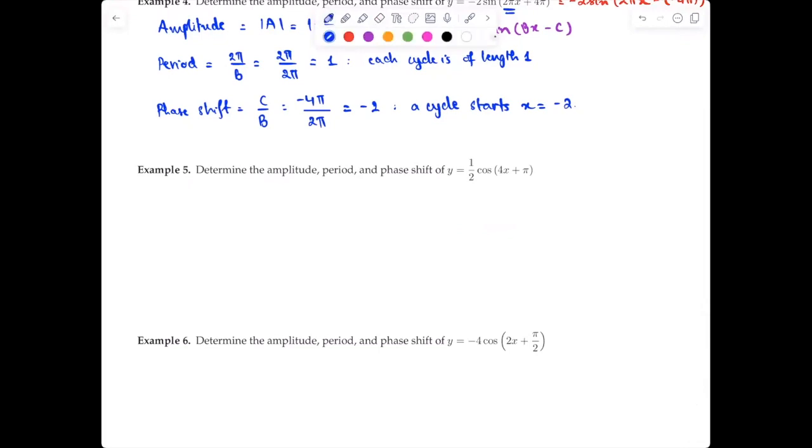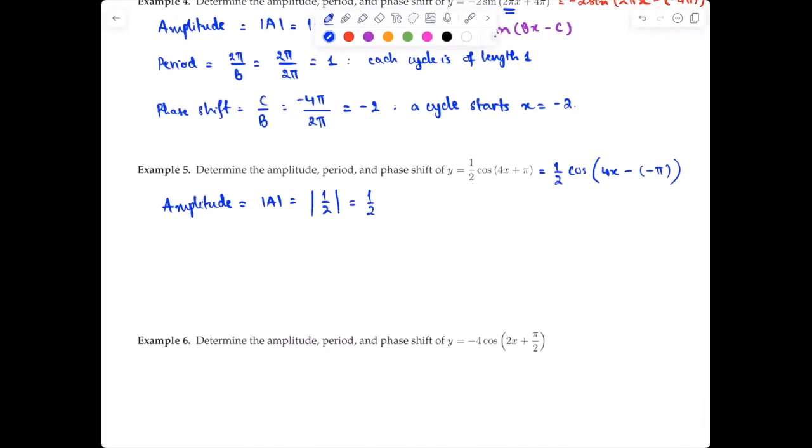You have 1/2 times cosine of (4x minus negative pi), so that you can find the values of a, b, and c a little bit better. So in this case, a is equal to 1/2, b is equal to 4, and c, be careful, is equal to negative pi.